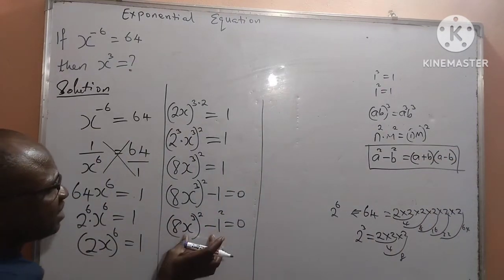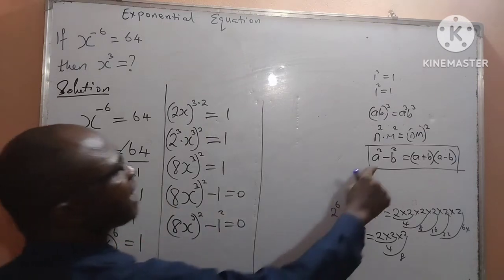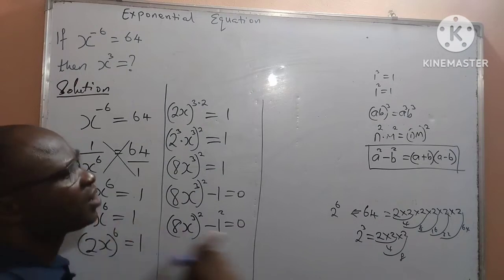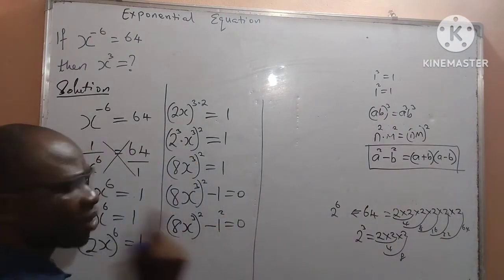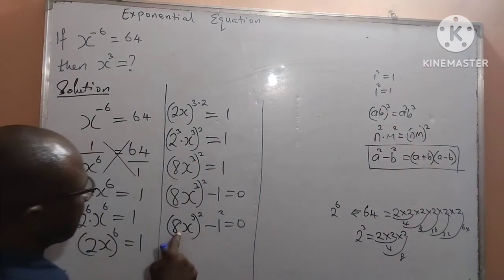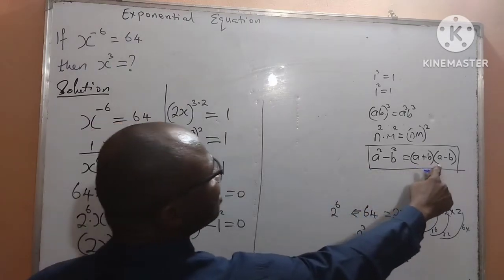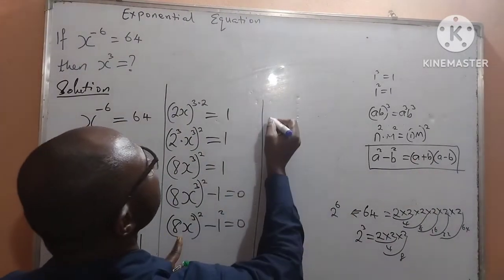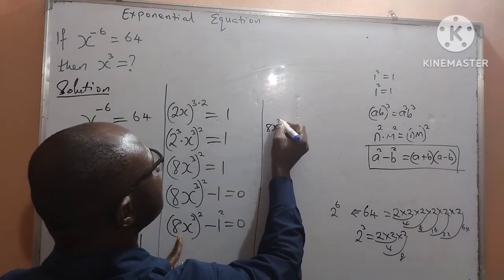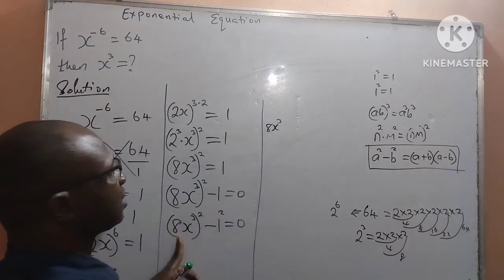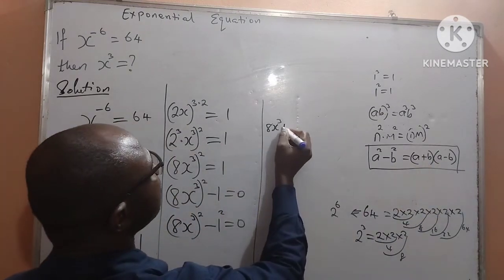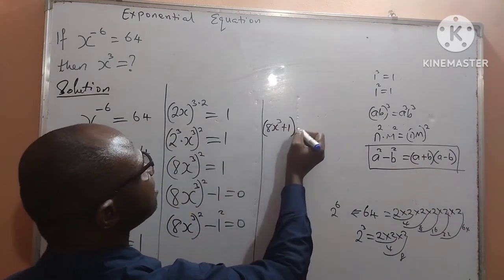Meaning that I will now write this. See, my a here is 8x to the power 3, while my b is just 1. Therefore, I can now write it as it is written by the right hand side: a, which is 8x raised to the power 3, plus my b, which is 1, in a bracket.